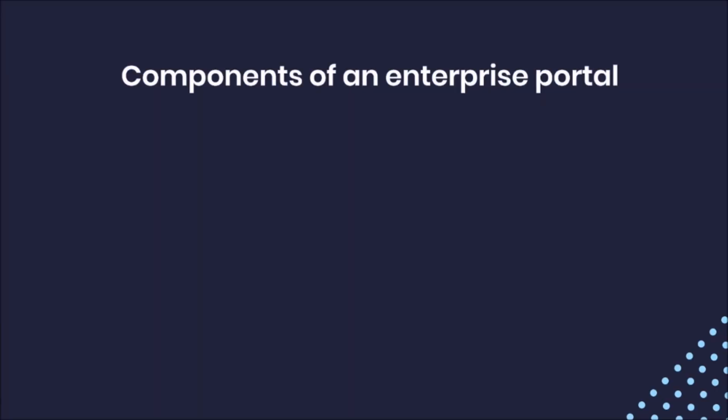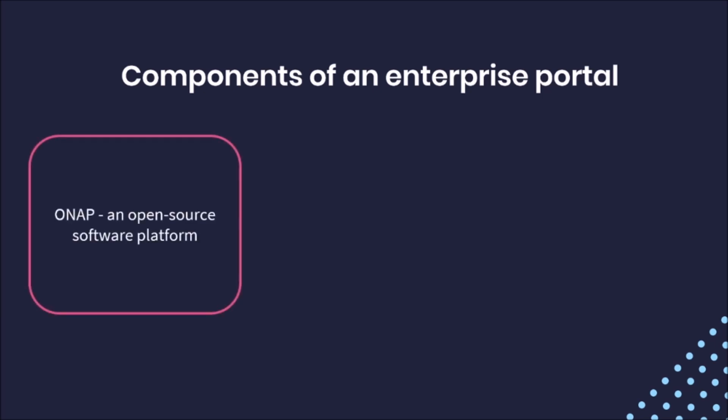So let's explore the different components of an enterprise network using the ONAP portal architecture as an example. The ONAP is an open source software platform that produces a comprehensive platform for real-time, policy-driven orchestration and automation of physical and virtual network functions, supporting complete lifecycle management within a company.